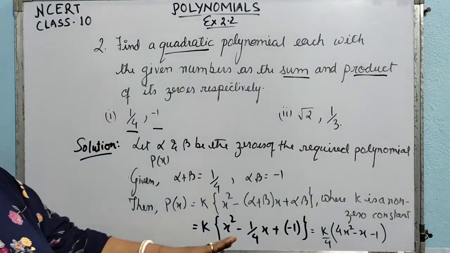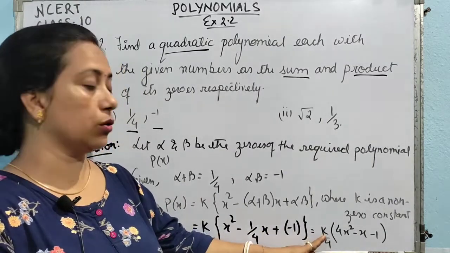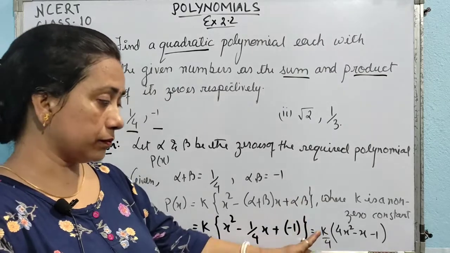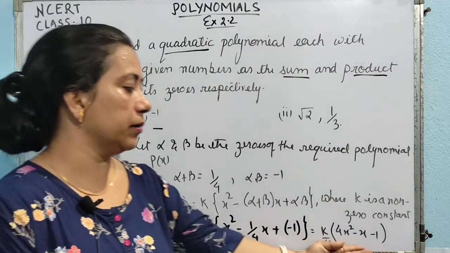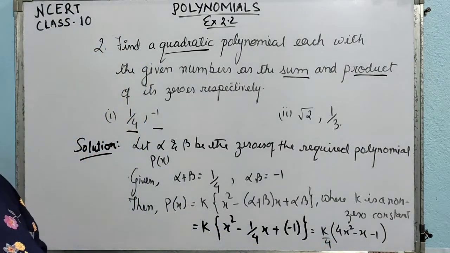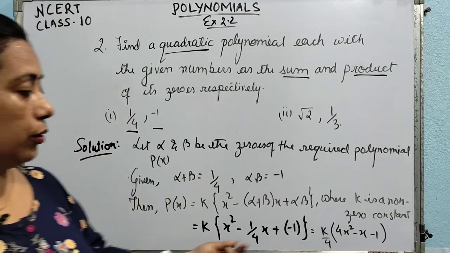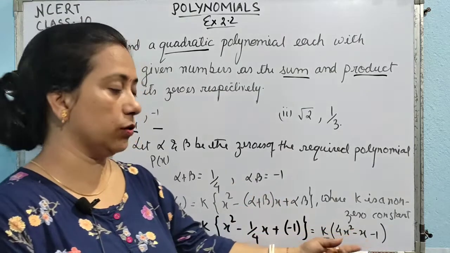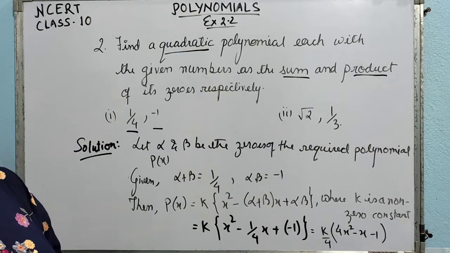So there is no need to put any value for k because k is a non-zero constant. You can put any non-zero real number for k. So ultimately this is your required polynomial. You can have an infinite number of polynomials whose zeros are going to be this one. That's why if you leave it like this, then also it will be okay.